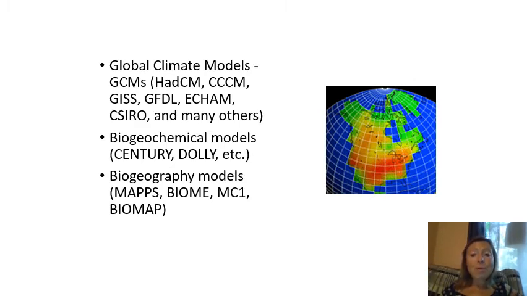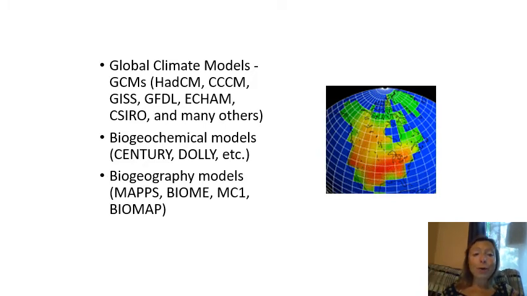So these climate models are then increasingly integrated with the biogeochemical models, such as Century model or DAYCENT model, that integrate information about biogeochemical cycles and the way soils and vegetation are responding to climate change and how those responses are also affecting climate change itself.